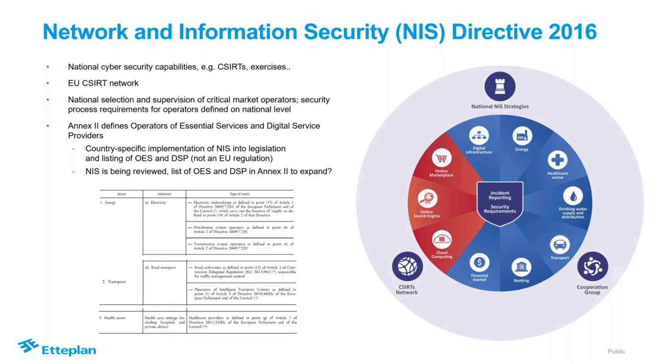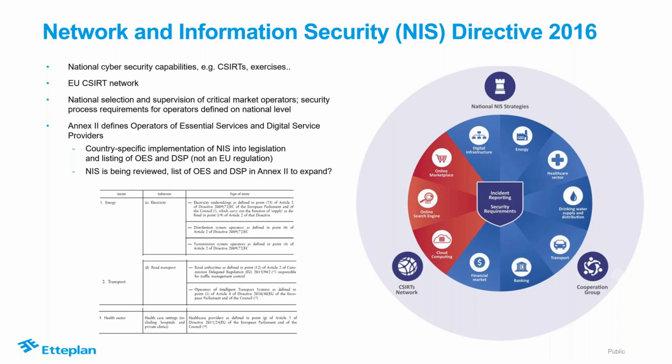There was also founded the EU CSA network, and this directive also stated that critical market operators should be supervised on national level. On national level, these operators are also selected, and different kinds of security process requirements for these critical infrastructure operators are defined on a national level.